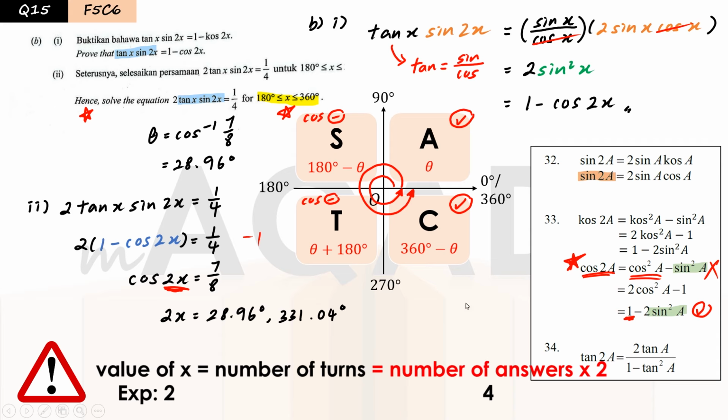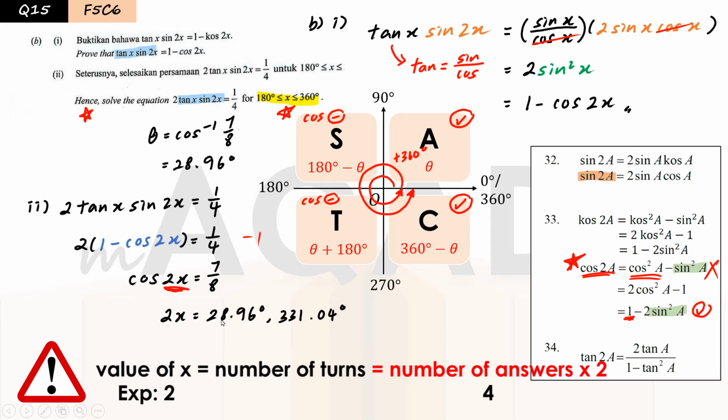So how do we find the other 2 answers? Actually, it's quite simple. Because this angle turns another round, and another round is another 360 degrees, from our values here we just add 360 degrees to get the next set of answers.